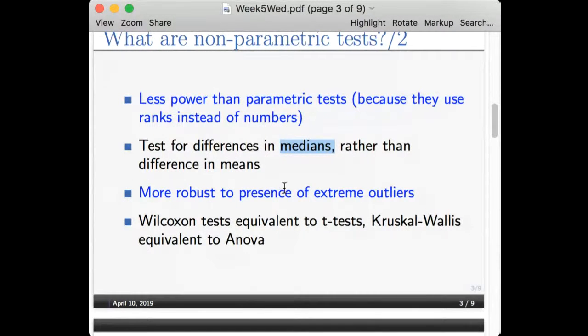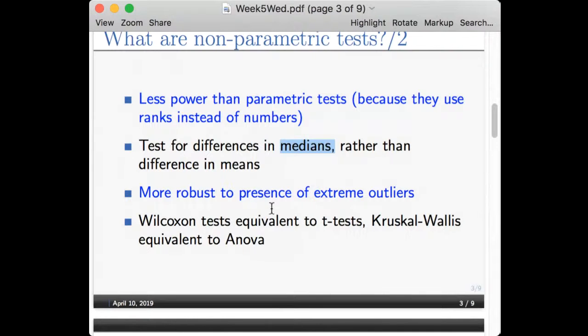And that's another reason that makes them more robust to the presence of extreme outliers, because medians are not affected as much by extreme outliers as means are. So in other words, if you take a data set and you calculate the mean of it, and then you add an extreme outlier, the mean is going to shift a lot. But the median isn't. It may not change by very much at all, if anything. So the medians aren't sensitive to extreme outliers.